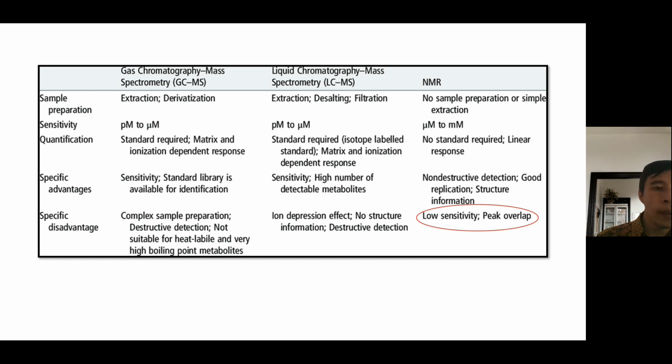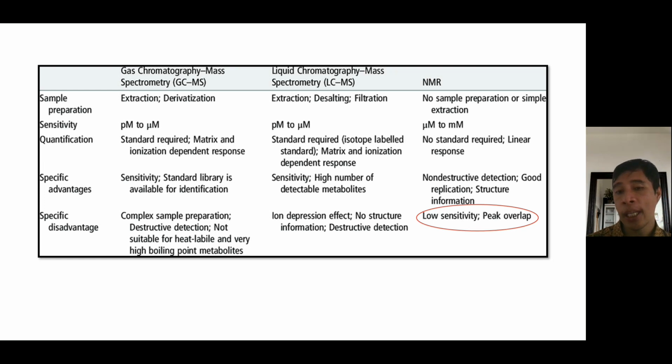For GCMS and LCMS, you need to prepare your samples, like you need to deploy extractions and derivatizations. And also for liquid chromatography, you also need desalting, you need to remove the salt, and also you need to filter your samples prior to measurement using this instrument or technique.